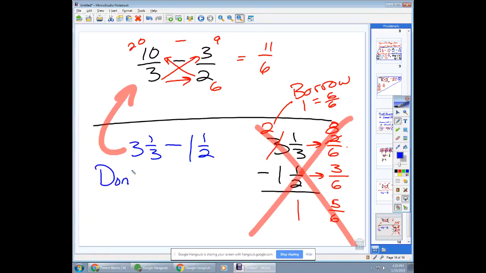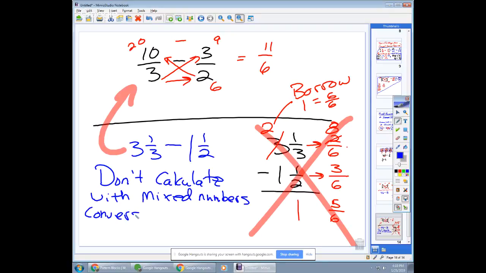So the moral of this story is don't calculate with mixed numbers. Can you do it? Sure you can. It's just more challenging. Convert to improper fractions, and then do your calculation.